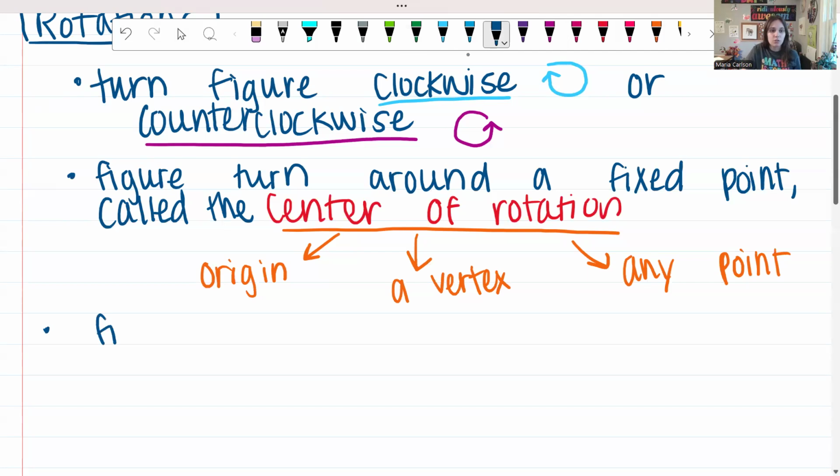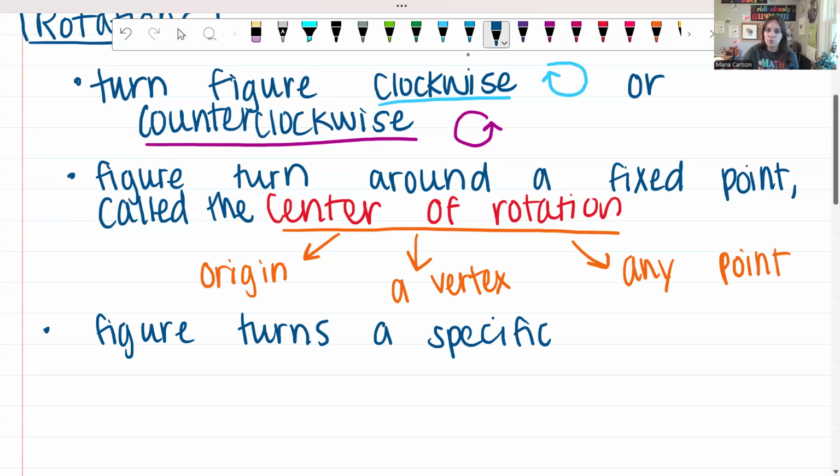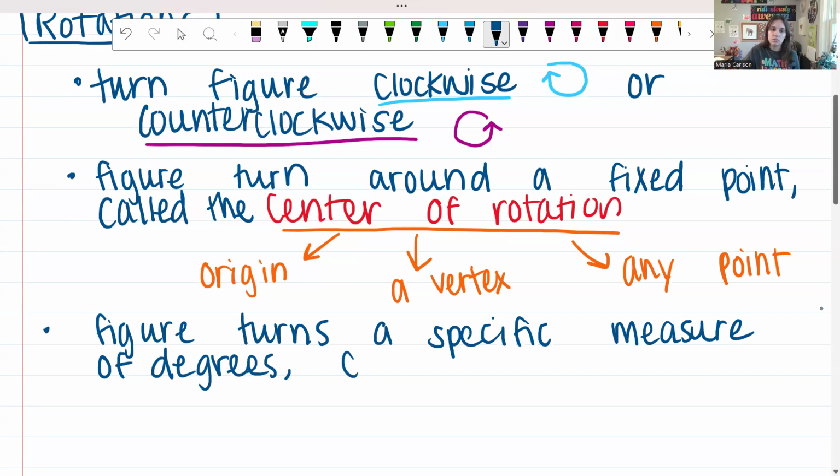Your figure also turns a specific measure of degrees called your angle of rotation.